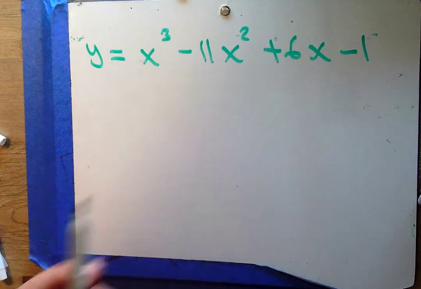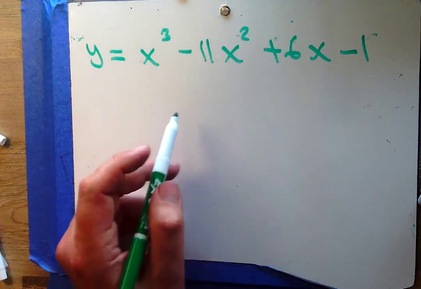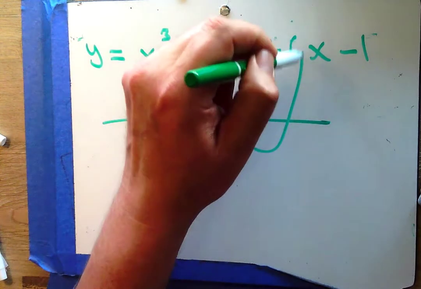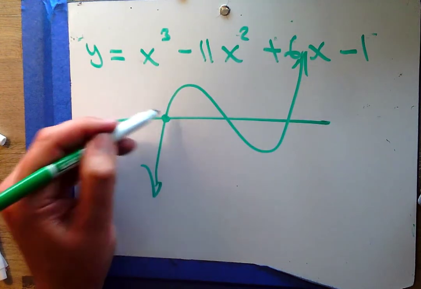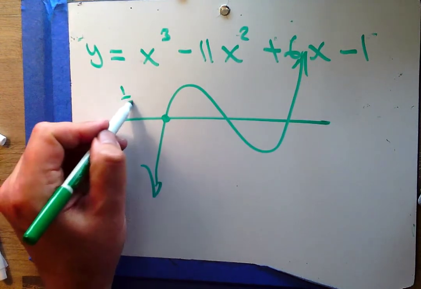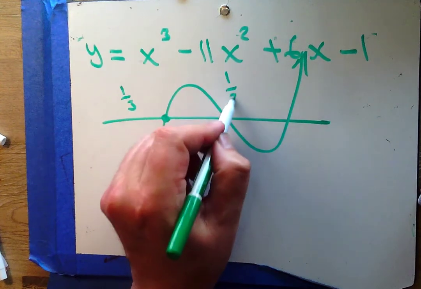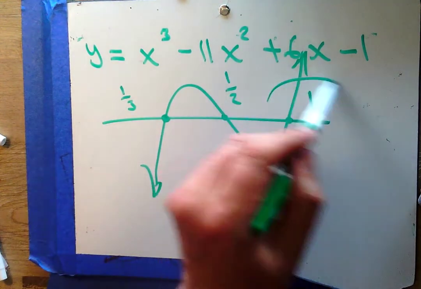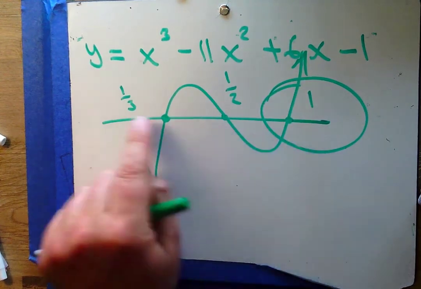Aha! You are supposed to pull out your graphing calculator and take a look at the graph. And what I see is I've got 1/3, I've got 1/2, and I've got 1. So I'd like you to read one of those x-intercepts off the graph.